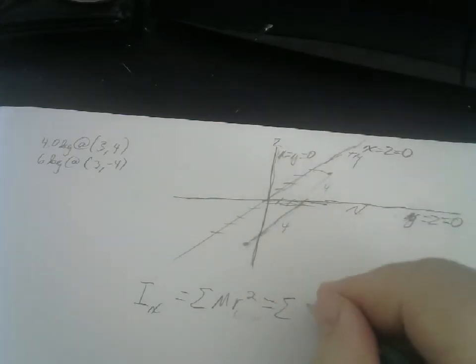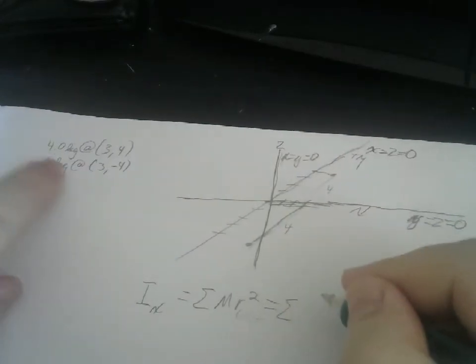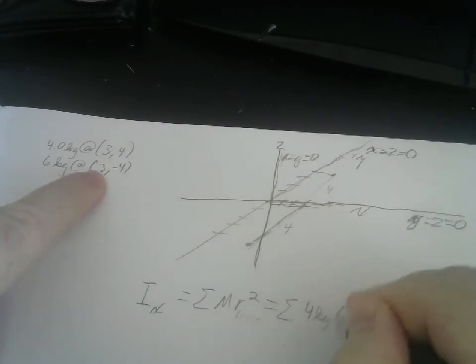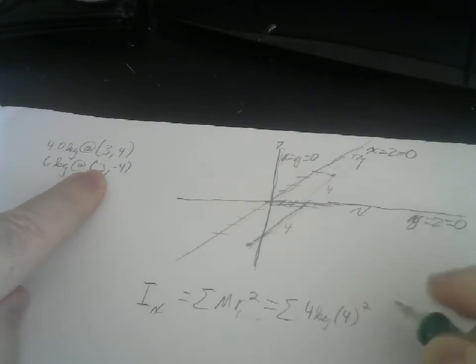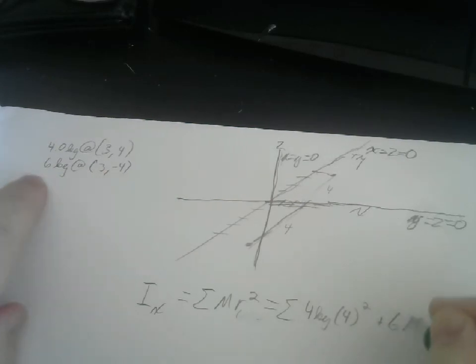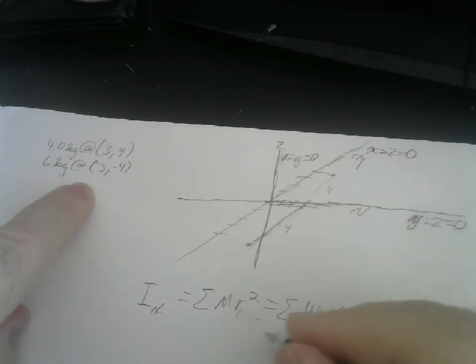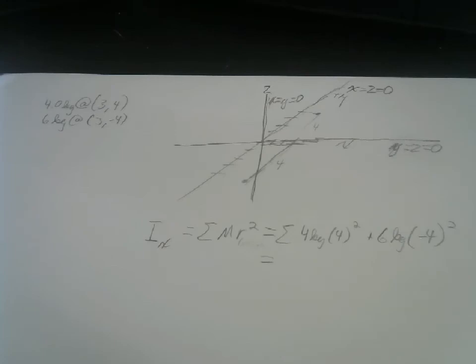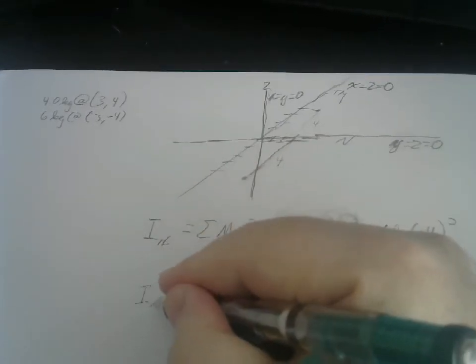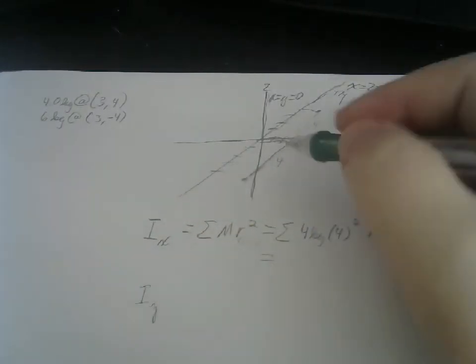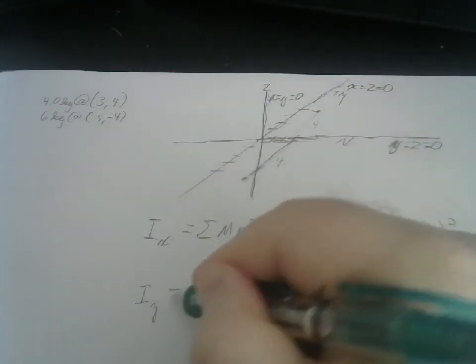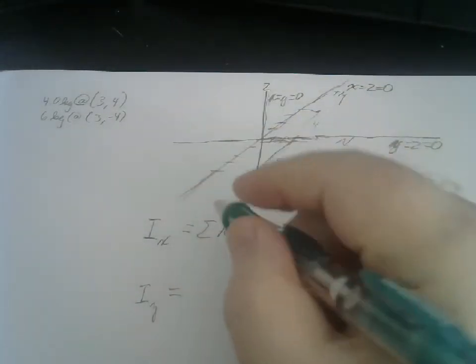So 4 kilograms times 4 squared plus 6 kilograms times negative 4 squared. For I sub y, that's going to be pretty strange behavior, because we're going to be rotating around the y-axis.